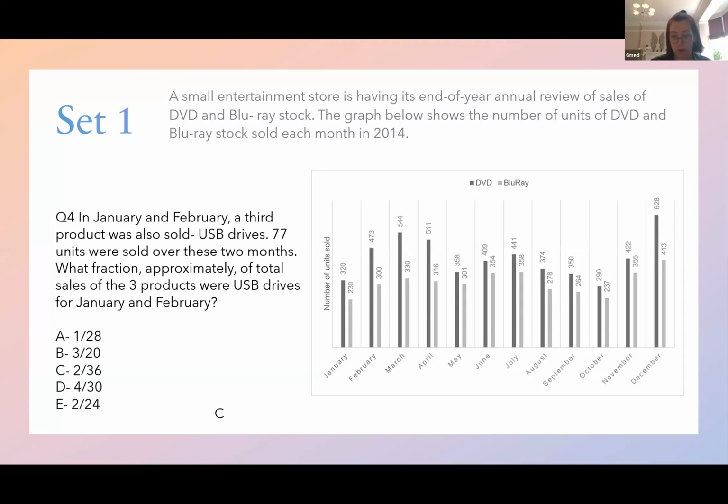So how we do this one is we need to know a couple of things. First, we need to know what the total sales of the 3 products were. So how we do that is we add all the DVD sales together and the Blu-ray sales together, and then we add this 77 units. And I think it should be around 1,400, I believe, somewhere around that. Is that right?